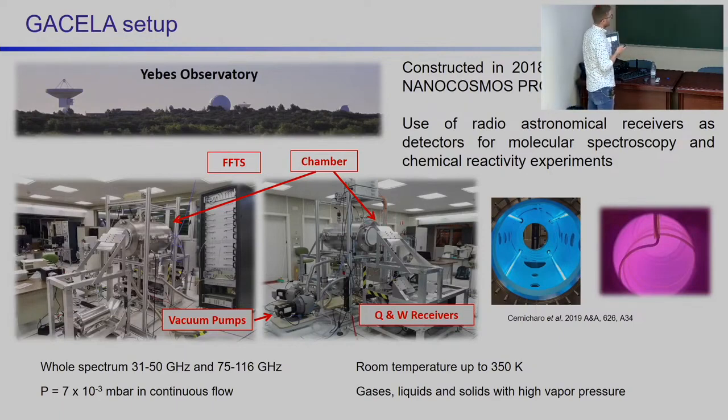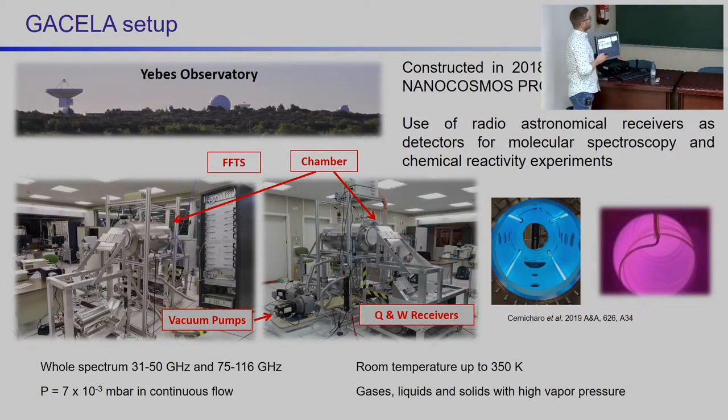The measurements are usually done at room temperature, or we can heat the camera, the chamber, up to 350 Kelvin, so we can measure vibrational excited states as well. And usually we work with gases and liquids, but we can observe the rotational spectrum of solids with high vapor pressure.